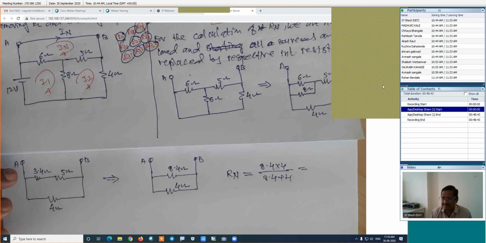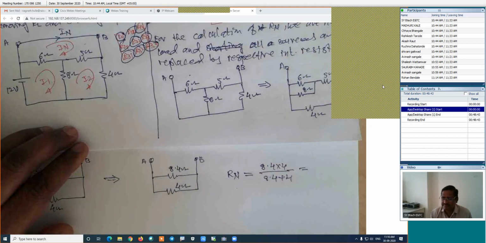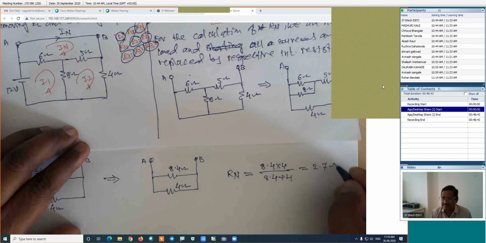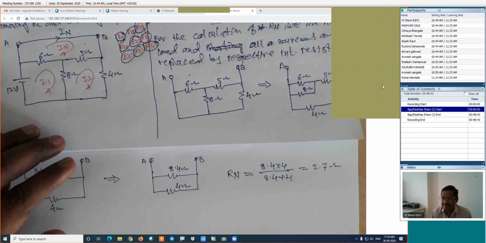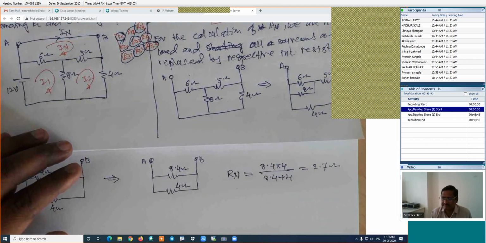Yes. 2.7. 2.7 ohm is the parallel combination. All of you need to improve the calculations, because many students I have not seen giving answers even a single time. You need to be interactive. Rishikesh, Rohan, then Shailesh, Shivani. All of you need to be interactive.